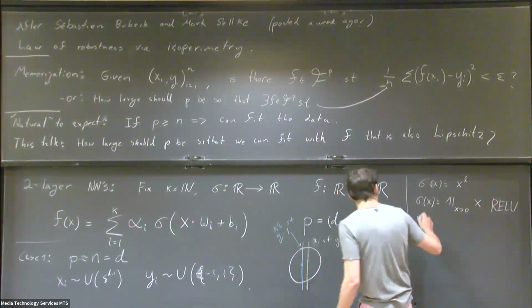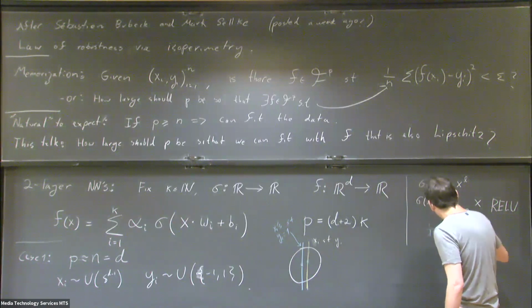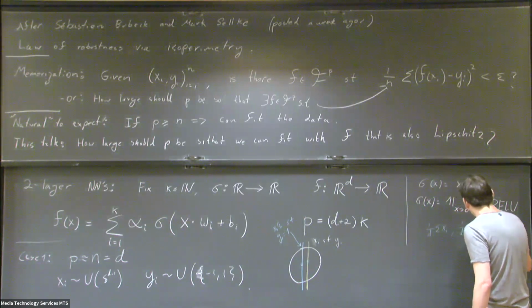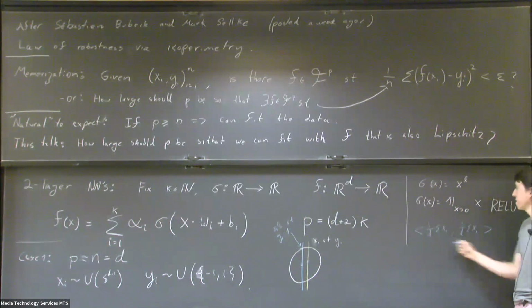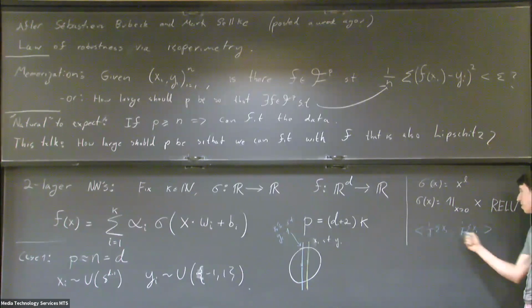Just because, the center of mass is 1/d sum xi. How big is this thing? So it's 1/d squared, and then the correlations are 0.